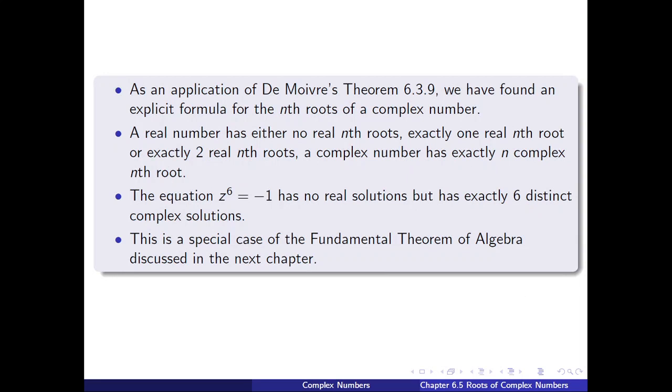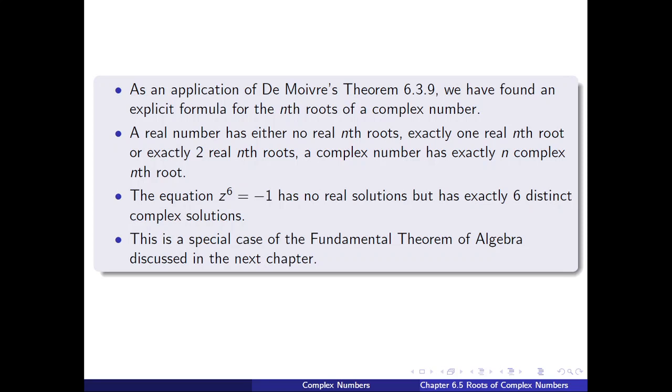As an application of de Moivre's theorem, we have found an explicit formula for the nth roots of a complex number. A real number has no real nth roots, exactly 1 real nth root, or exactly 2 real nth roots.